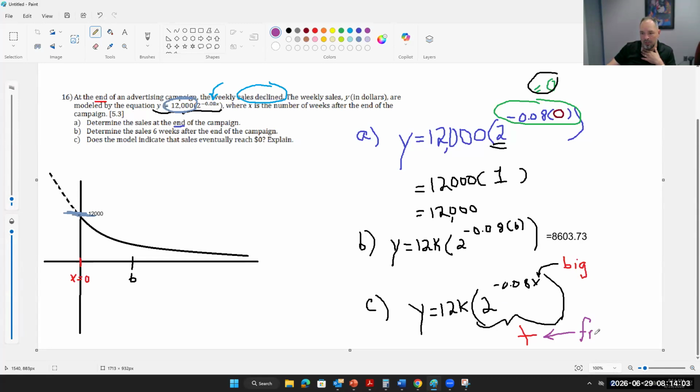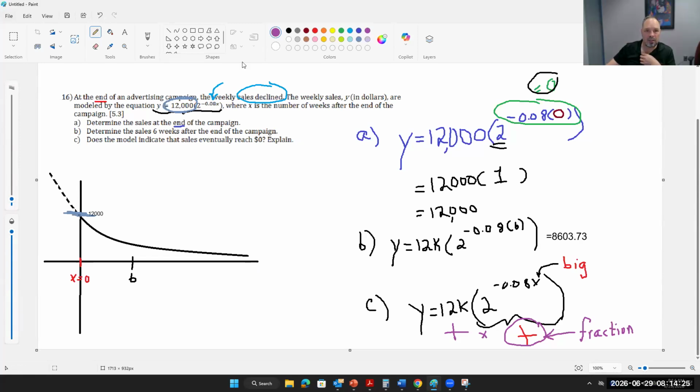And the bigger you plug in a number, the smaller the fraction you're going to get, but it's still going to be a positive fraction. So a positive times a positive is a positive.